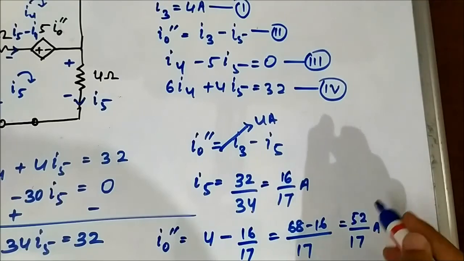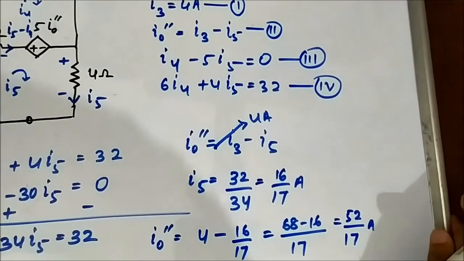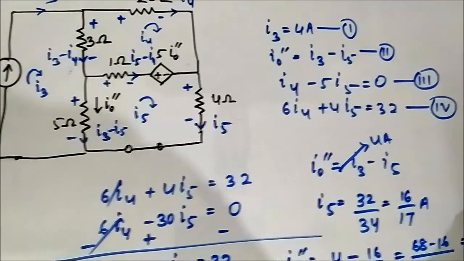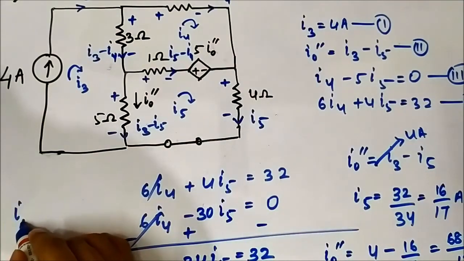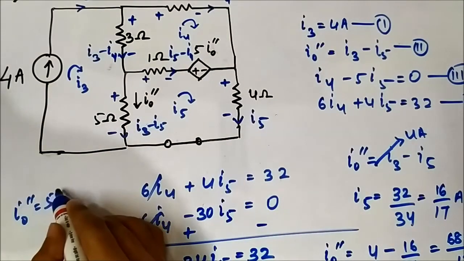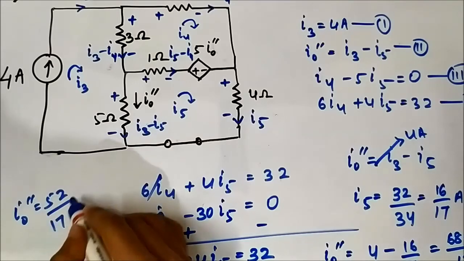So we got our value of I0''. I0'' is equal to 52 by 17 ampere.